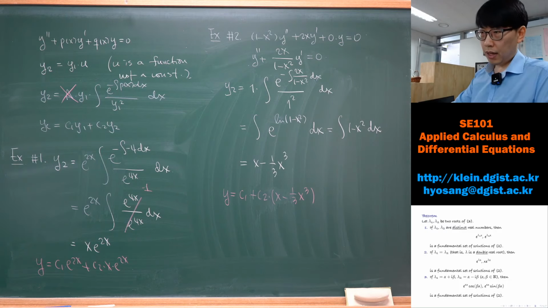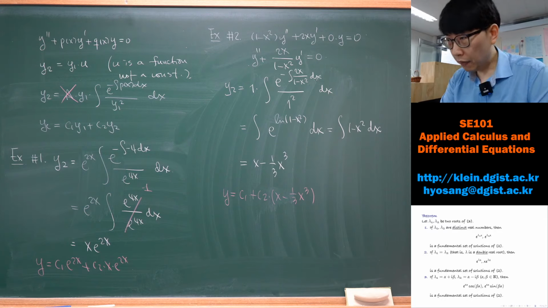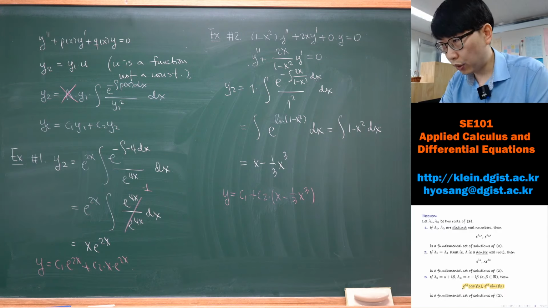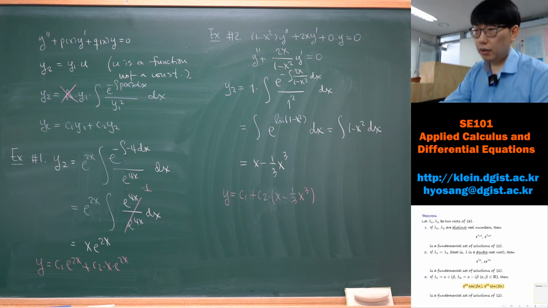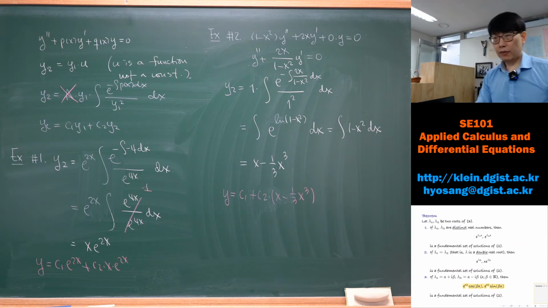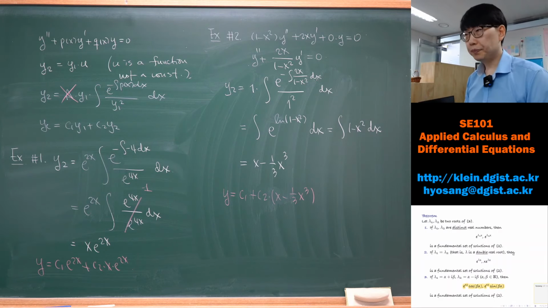I saw many students on the test or quiz forget to put the x in the exponent. So be careful that there is an x in the exponent of e and an x in the cosine. So x is on both. These are the fundamental set of solutions.